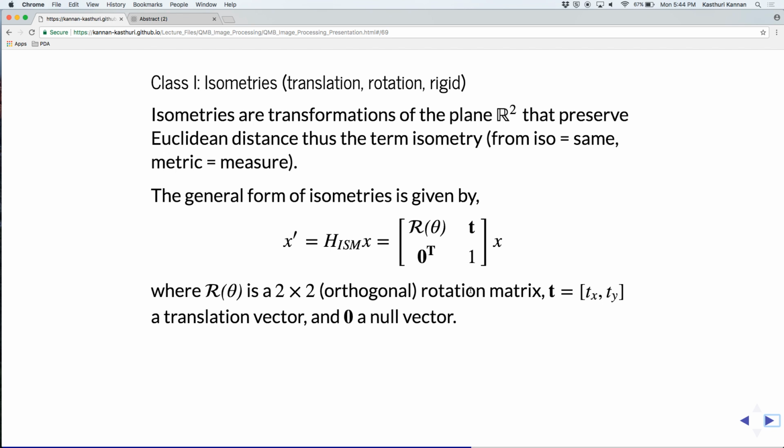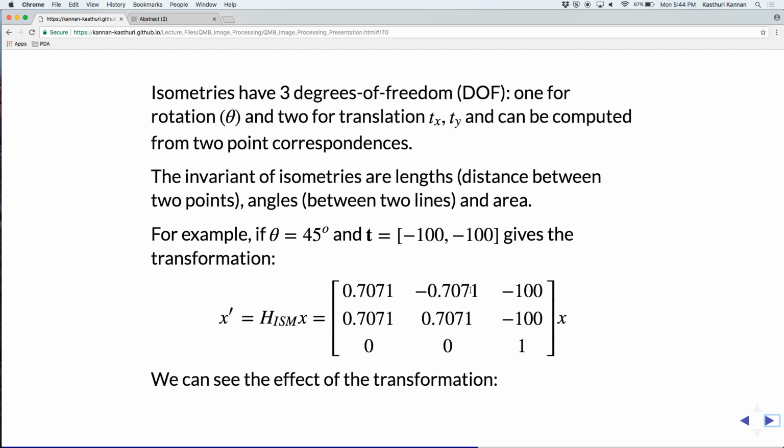This is the transformed image. They have 3 degrees of freedom: 1 for rotation and 2 for translation. You can translate on the x direction or on the y direction. The invariants of isometries are lengths, obviously, angles and area. They are just kept the same. For instance, if theta equals 45 and t equals minus 100 and 100, it will give this transformation.